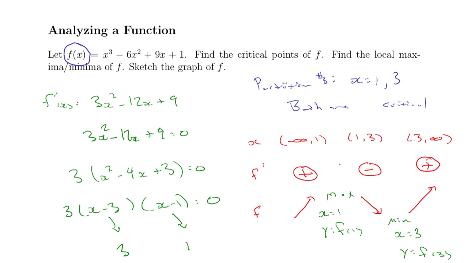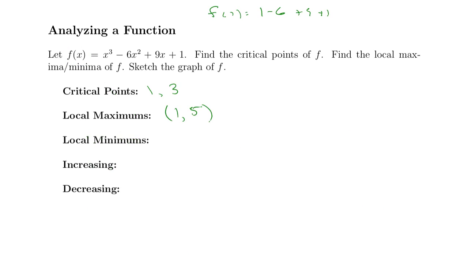We've got a local minimum here at x equals 3, and we need to find the y value that goes with that. 3 cubed is 27, minus 6 times 9, that's 54, right? Plus 27 plus 1. 27 minus 54 is negative 27, plus 27 is 0, and that's going to be 1. It's kind of nice.